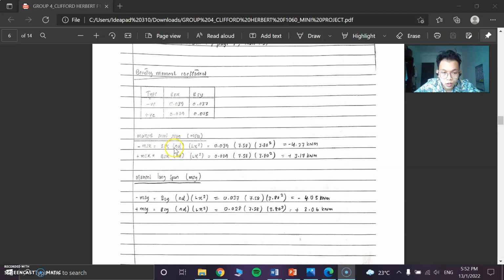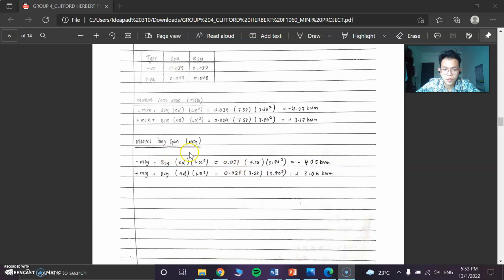For moment short span, for the negative is 4.27 kilonewton meter, and for the positive is 3.17 kilonewton meter. For the moment long span, MSY, for negative is 4.05 kilonewton meter, and for the positive is 3.06 kilonewton meter.